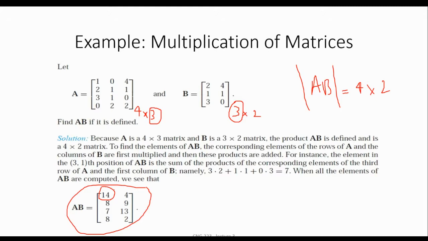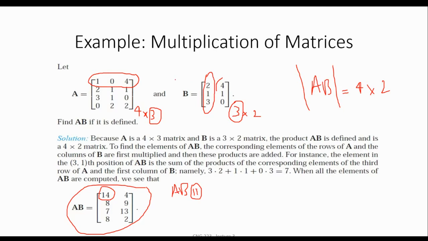In order to do that, I should consider AB11. I'm looking for this one, right? It means that from the first matrix, consider the first row, and for the second matrix, consider the first column.